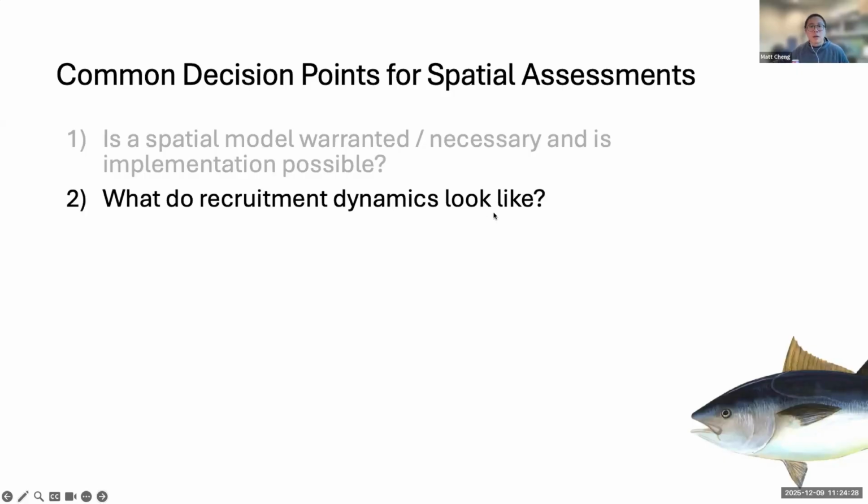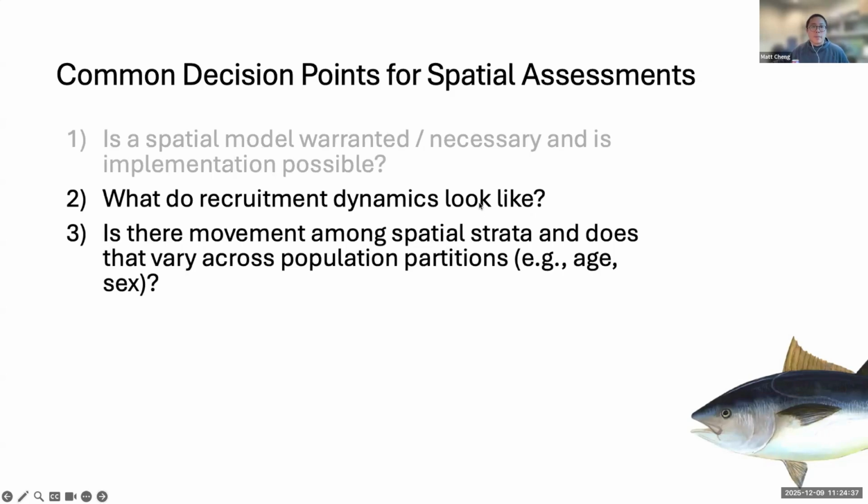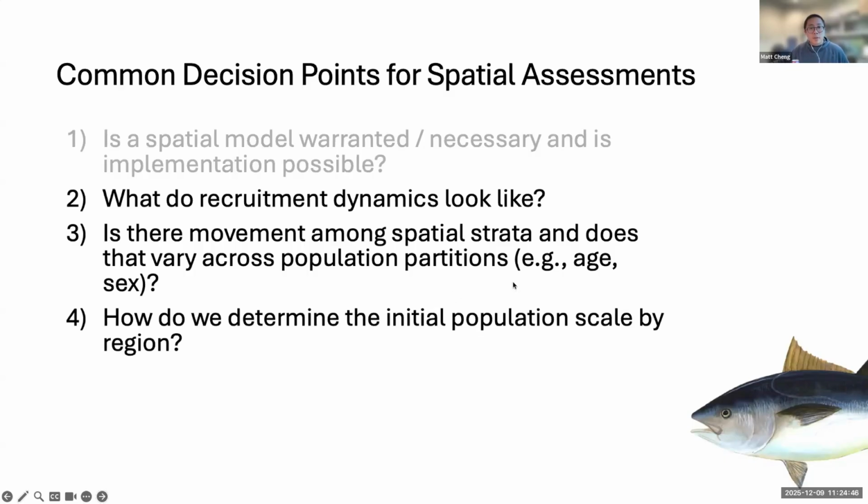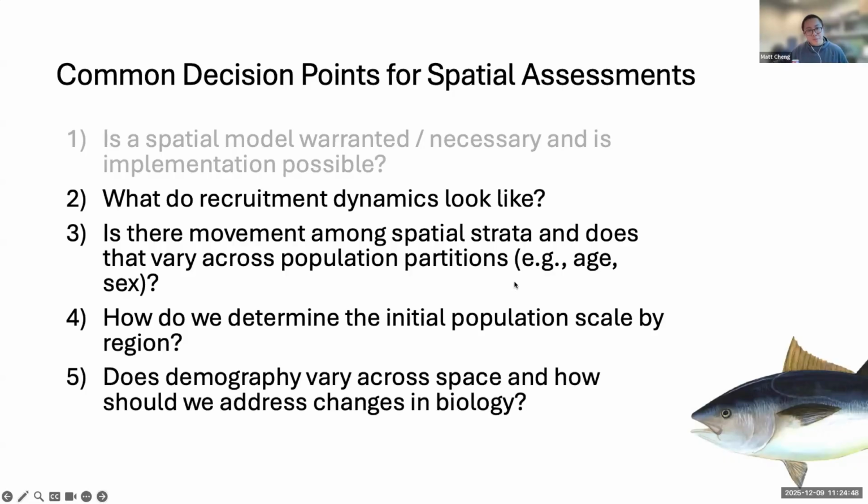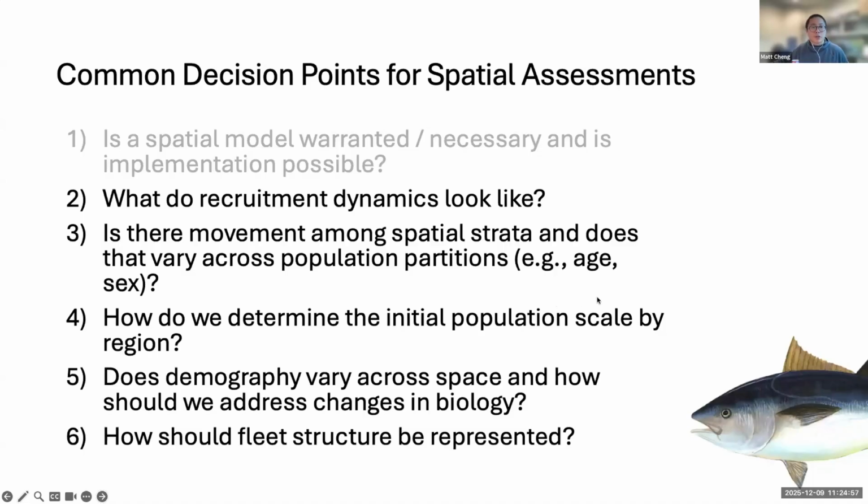So I'll primarily focus on what recruitment dynamics look like, whether or not movement varies across space and how that might vary across population partitions, how we determine the initial scale by region, how demography varies across space, how we address changes in biology, and how fleet structure should be represented.